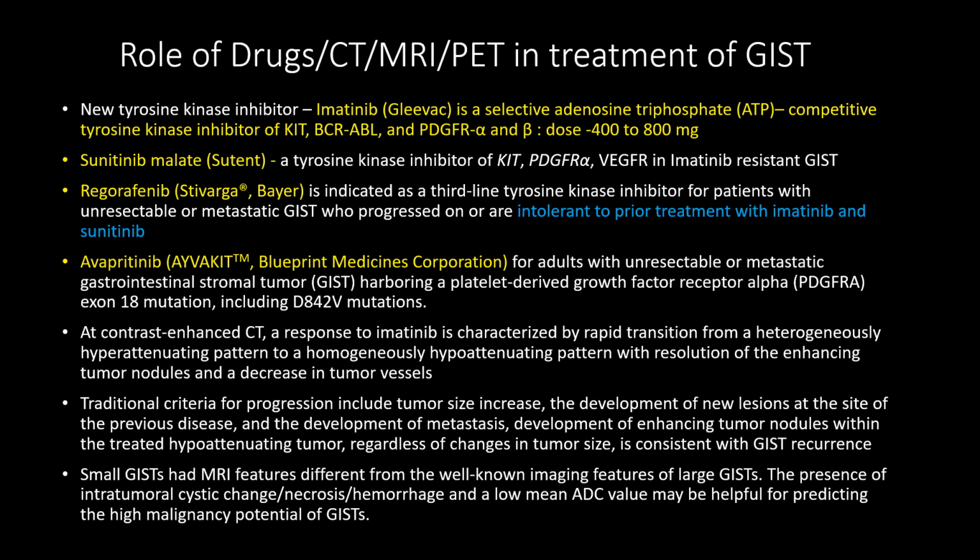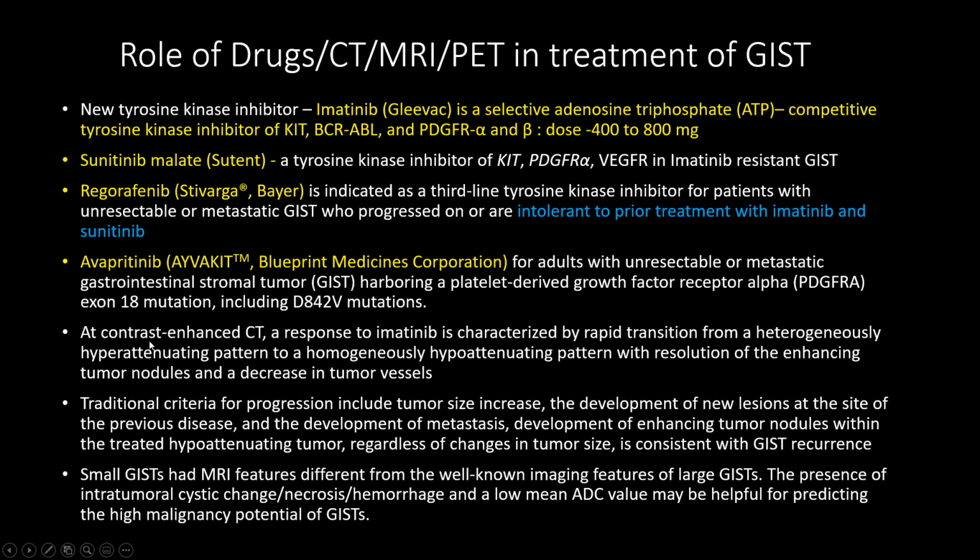The dose is 400 to 800 milligrams, and the other drug is sunitinib, a second generation tyrosine kinase inhibitor used in imatinib resistant GIST. Third line tyrosine kinase inhibitor in patients who are intolerant to either imatinib or sunitinib is regorafenib, and recent is avapritinib, which is very specific for GIST harboring platelet derived growth factor alpha mutations.